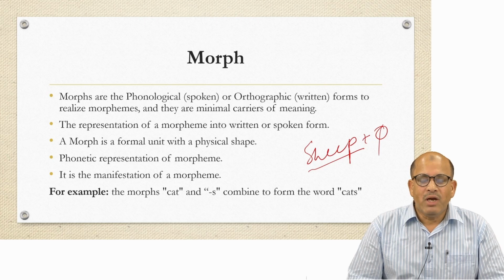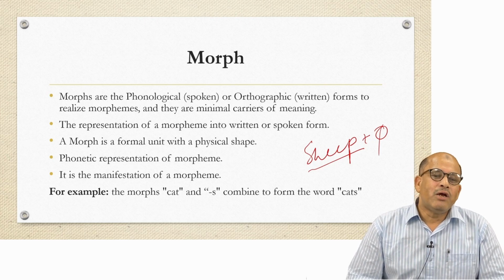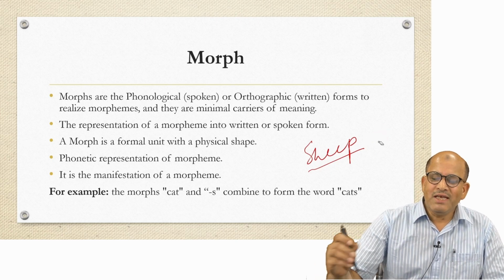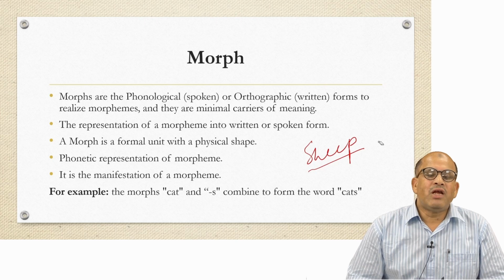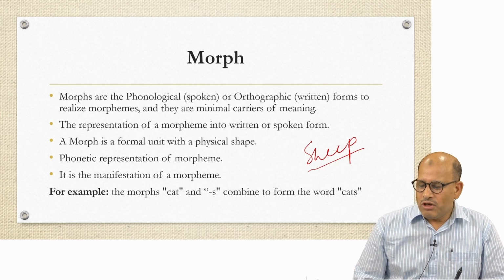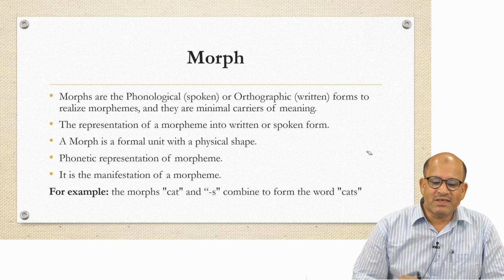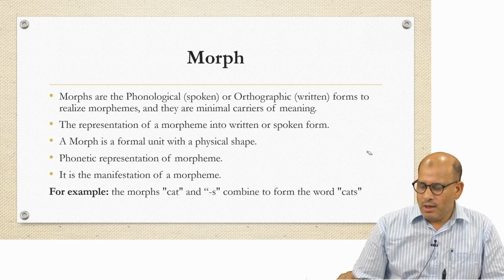The shape is one shape, conveying two meanings, but we can say we have only one morph, not two morphs, because this shape is giving the meaning of plural also. Singular and plural. So this way, a morph is the physical shape of the morpheme.